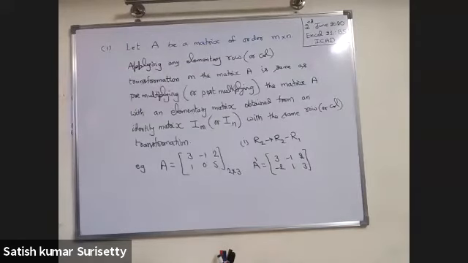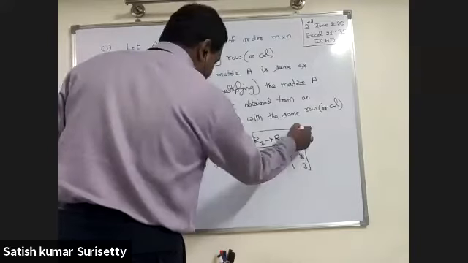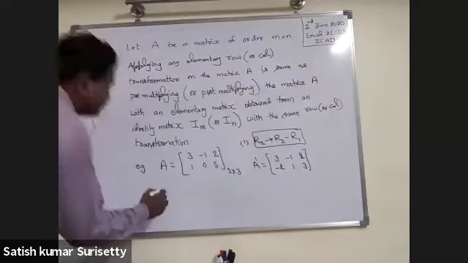Now you apply the same operation on which identity matrix should I apply? 2 by 2.